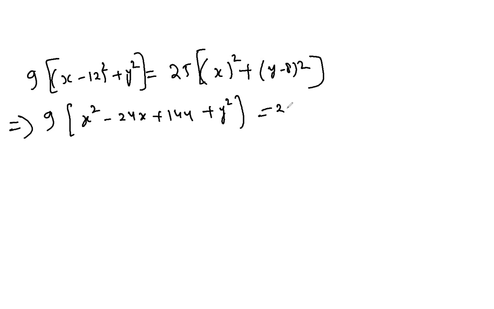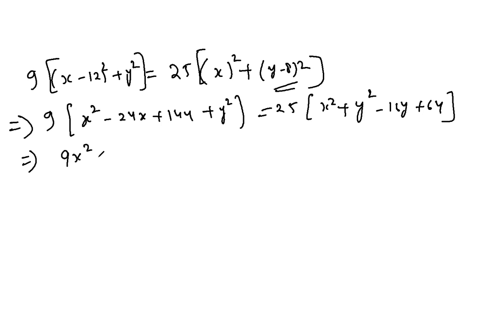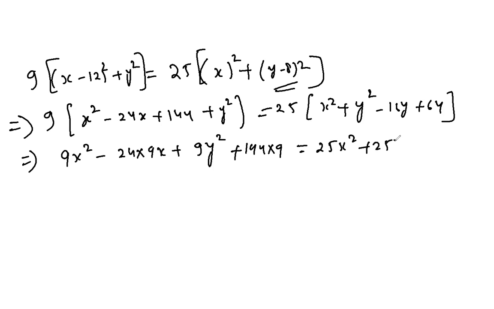In the right hand side you have 25 times x square plus y square minus 16y plus 64. Again you can start solving here, you will get 9x square minus 24 into 9x plus 9y square plus 144 into 9, which equals 25x square plus 25y square minus 25 into 16y plus 25 into 64.